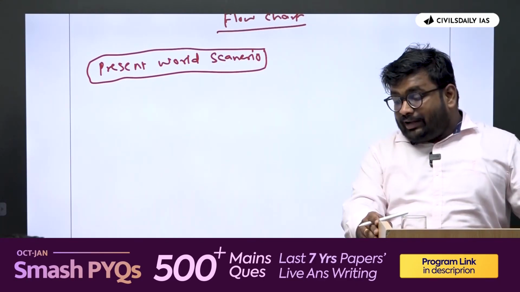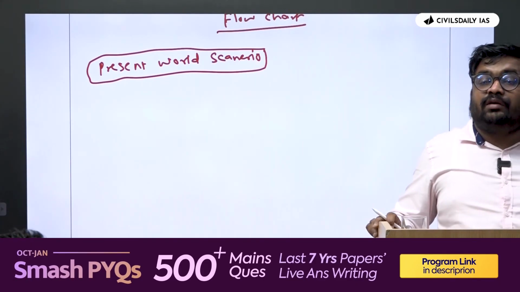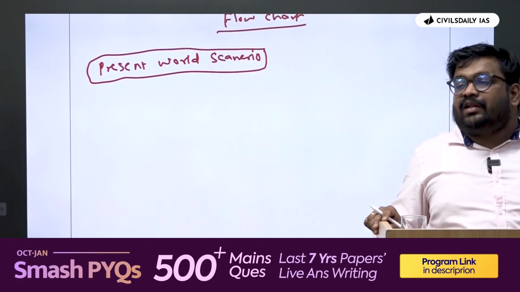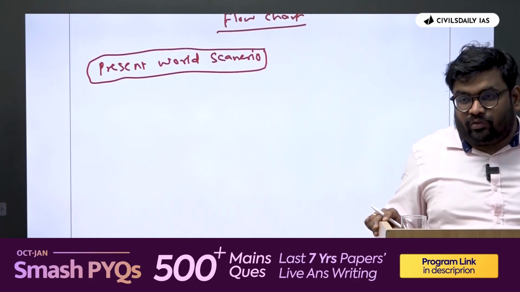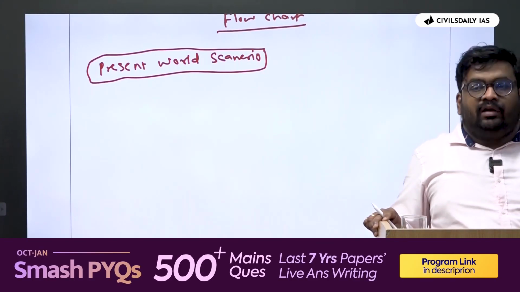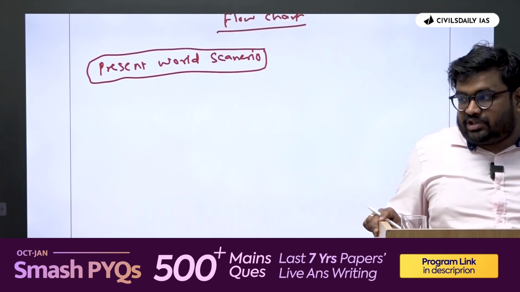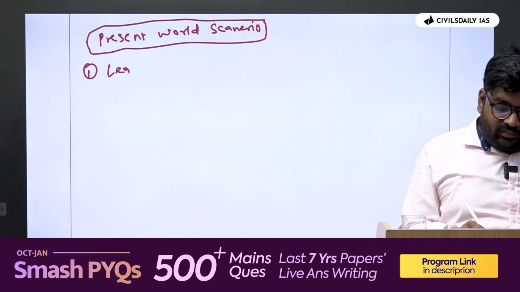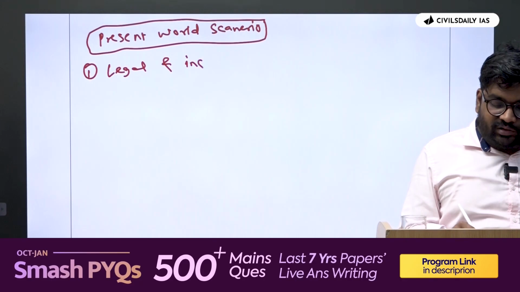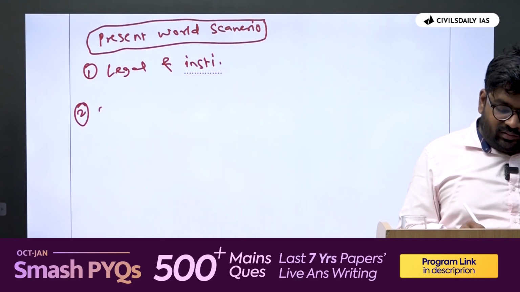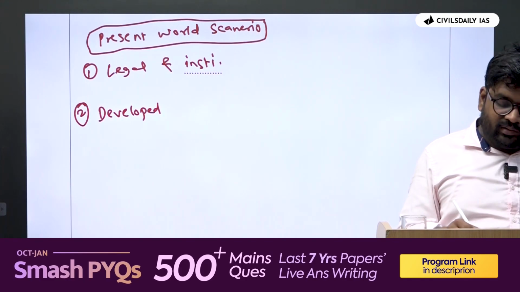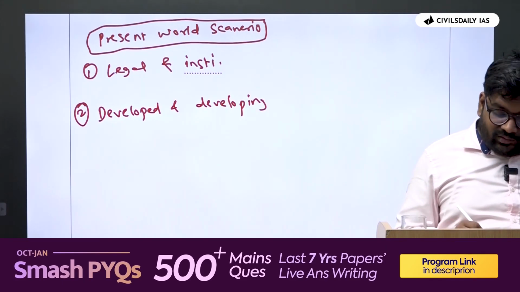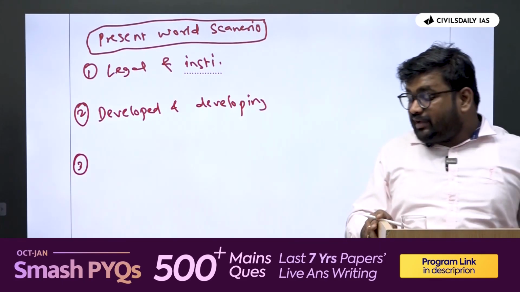So when they ask you the present world scenario of anything, the dimensions that you have to cover are: one, the legal and institutional scenario first; second, developed versus developing country share; and third, you have to follow the sectoral approach.